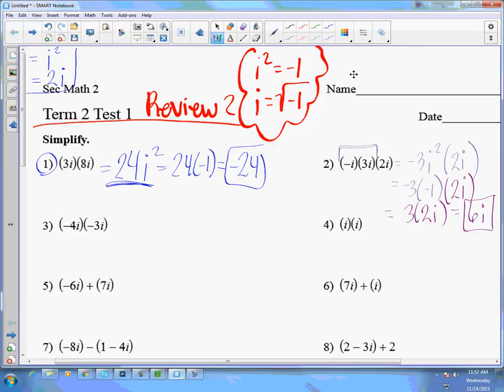Turn to your table, please, and tell them what -4i and -3i is on the first step. Don't do the last step, the first step. Turn to your neighbor and tell them what you get on the first step when you multiply -4i and -3i. Just the first step.